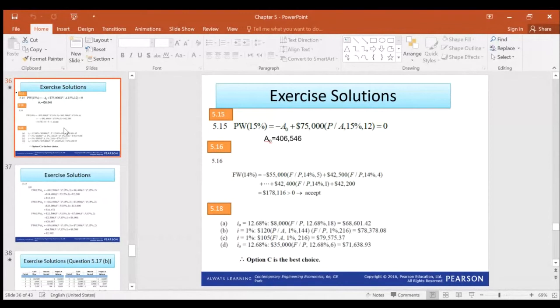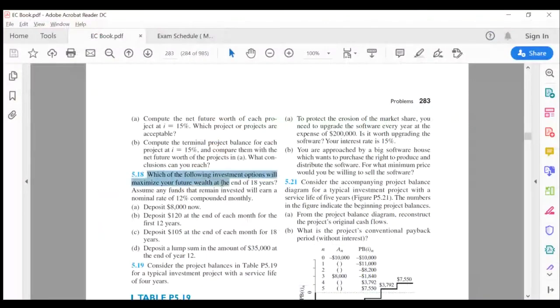Now 5-18 is the next question. If you go back to your exercises, right? Now it says, which of the following investment options will maximize your future worth at the end of 8 years?